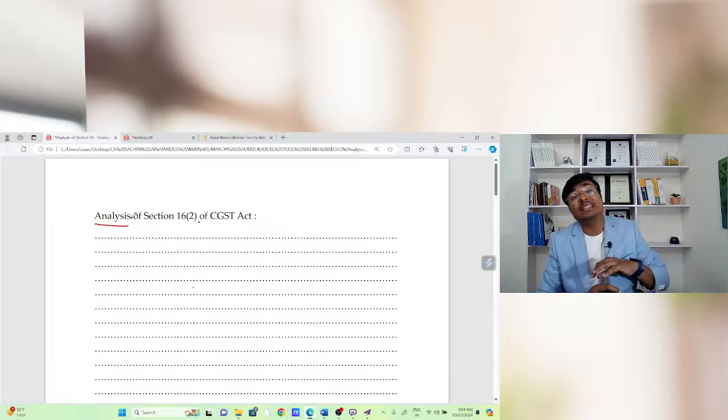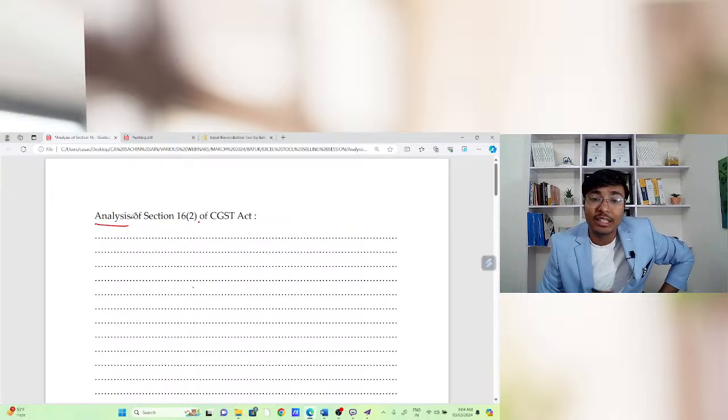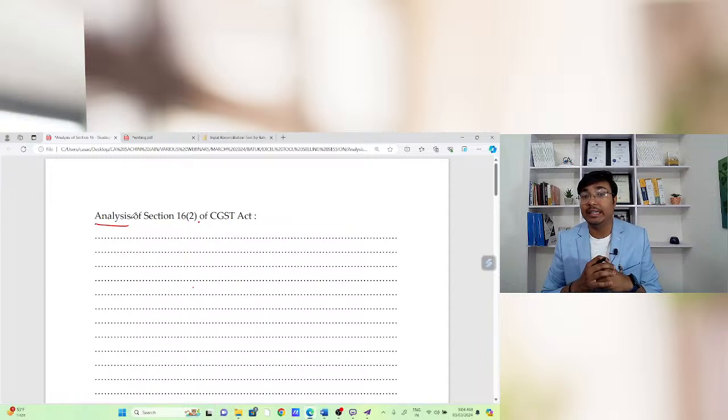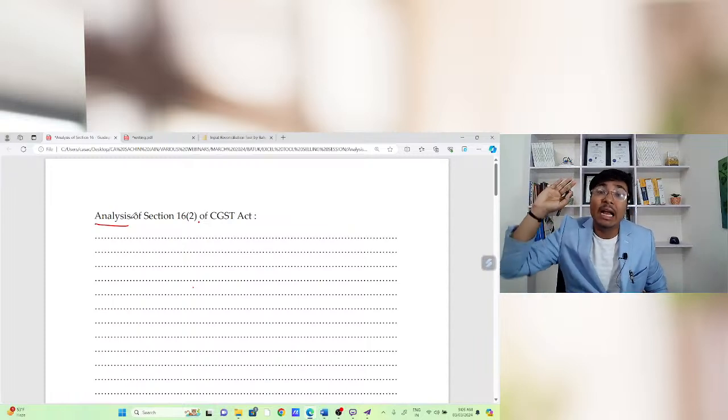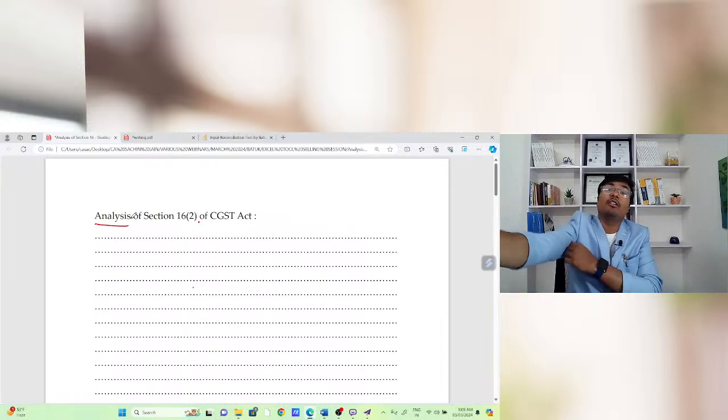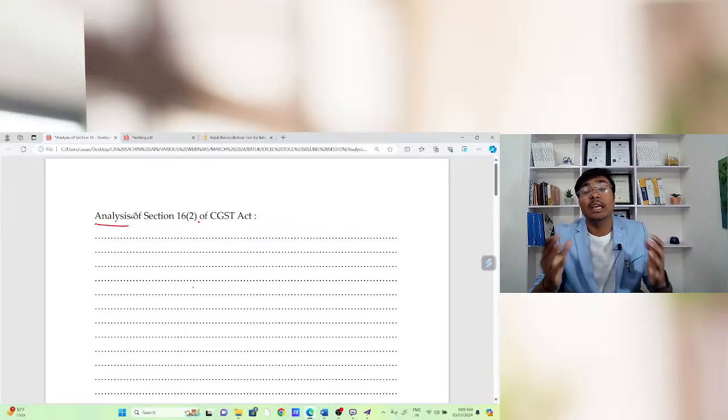If we cure them in advance, then at the time of departmental audit or business audit, we can handle that audit very easily. So this webinar is especially designed for GST officers and staff, but others can also watch and gain knowledge related to the section and related to the reconciliations.